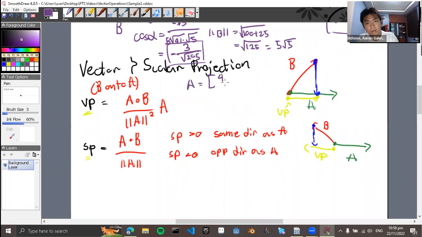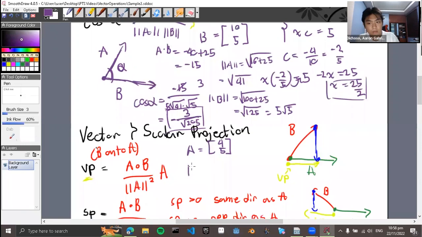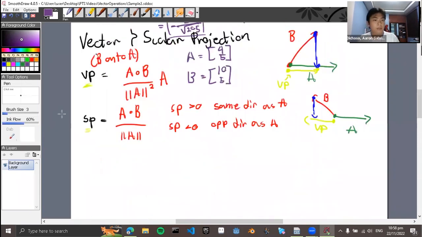So A is equal to 4, 5. B is equal to 10, 5. And now we are trying to find out the vector projection. So as we established before, the magnitude of A is equal to square root of 41. Tapos A dot B is equal to negative 15.